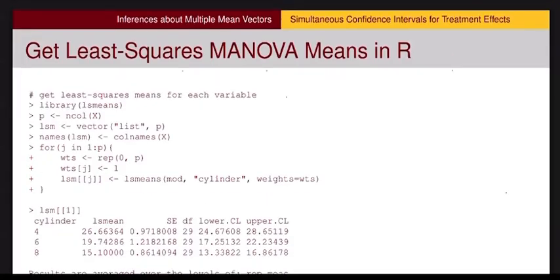Now this is the coding. If I want to do MANOVA, multivariate analysis of variance, when do we go for this? We go for this when you conduct one-way multivariate analysis of variance tests and you reject H0. When you reject H0, you now need to figure out where the difference lies.